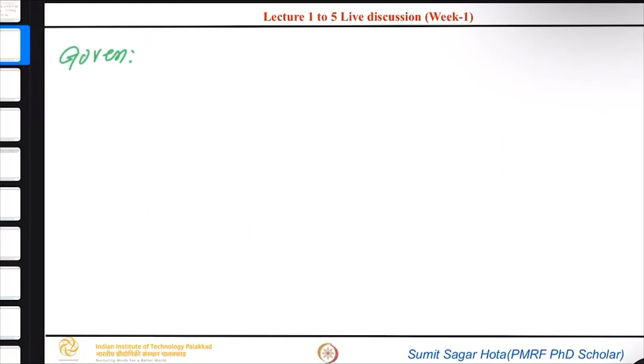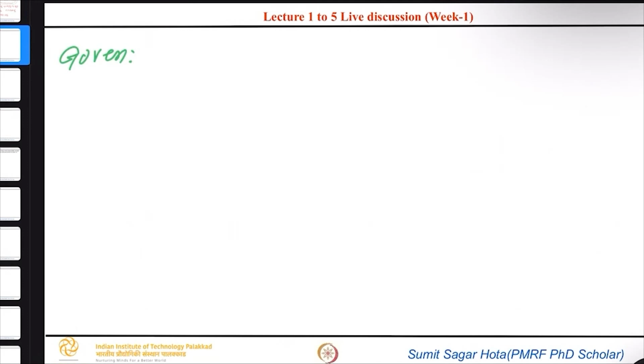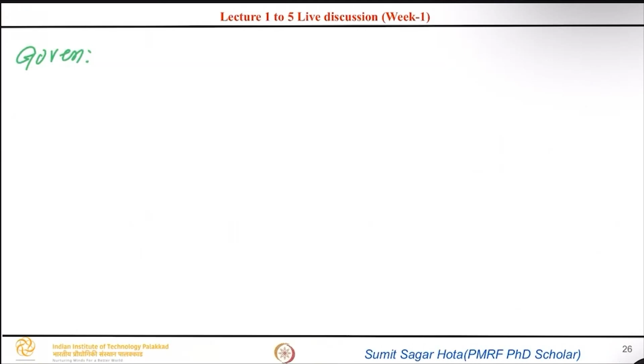I wrote problem 12 directly because these are already textbook problems, so you can easily find them. The soft copy is also easily available on the net, or you can get it from your library, or take the prescribed books I mentioned initially.